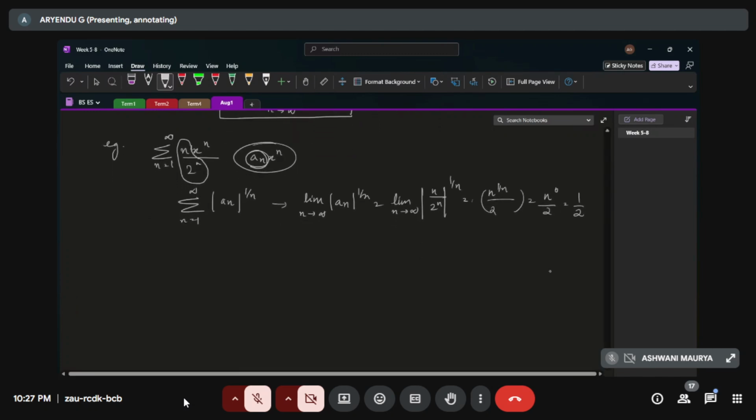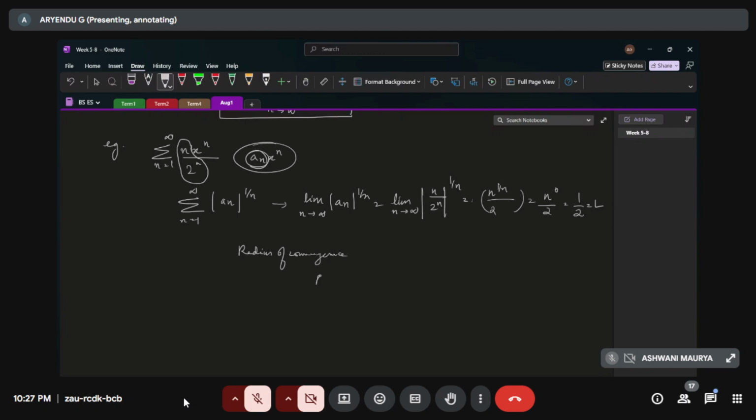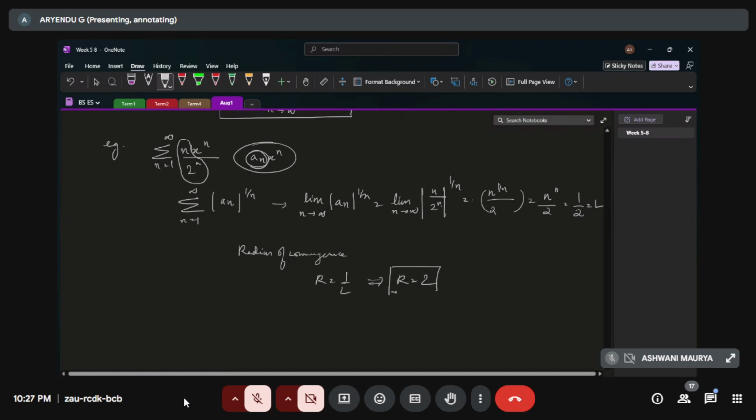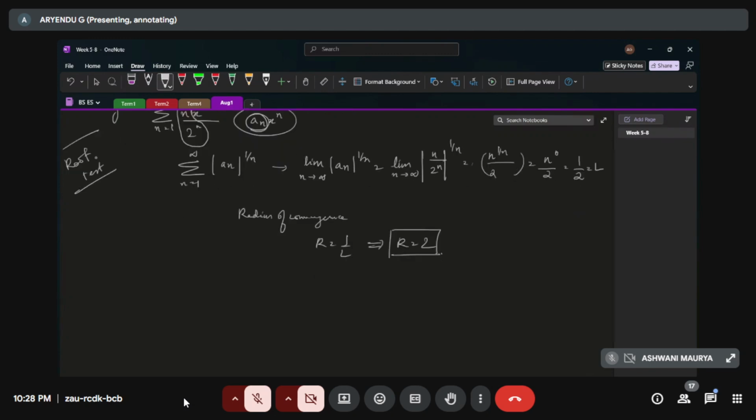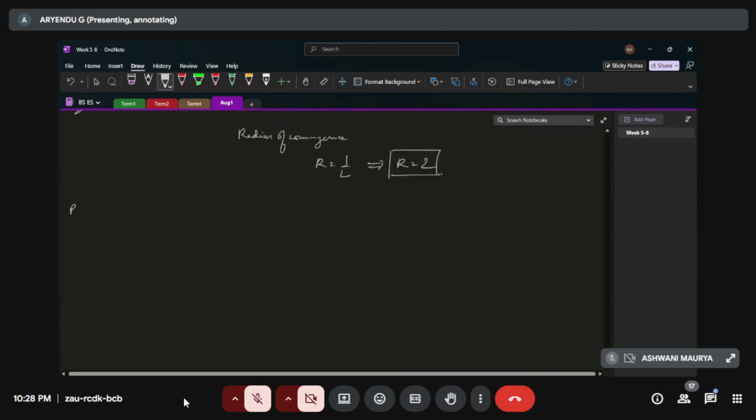So this is the value of L. And we are told to find the radius of convergence, which will be R is equal to 1 by L, which implies R is equal to 2. So that is the root test. And if you so prefer, you can also do that using the ratio test.